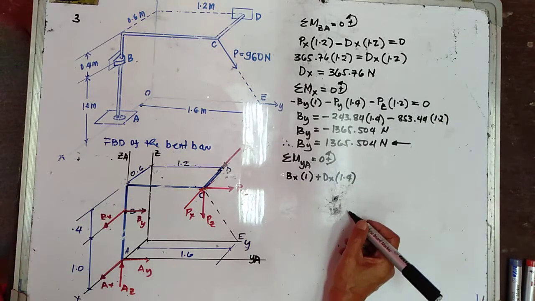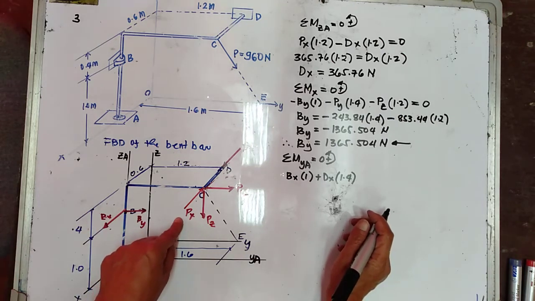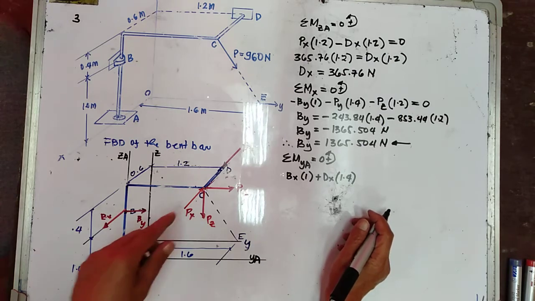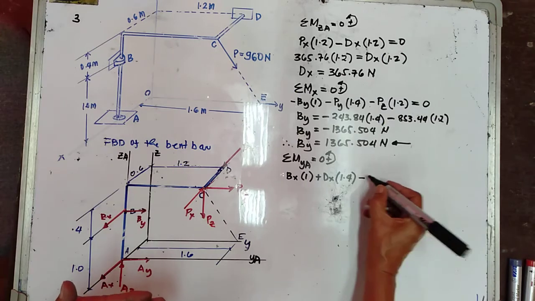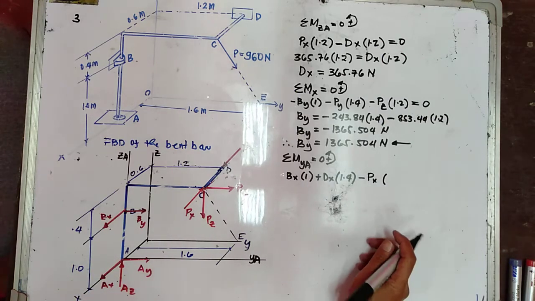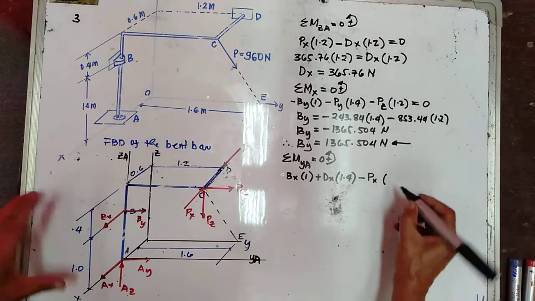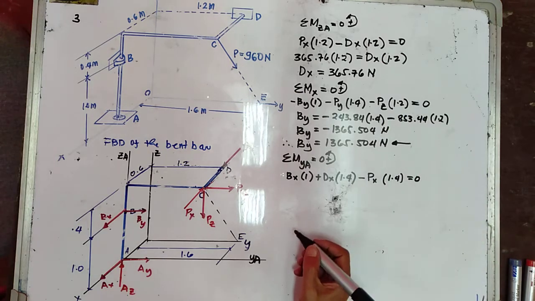And then another one is now your px. So we have your px going clockwise about ya. So we have minus px, and the moment arm is equal to 1.4, and this is equal to 0.